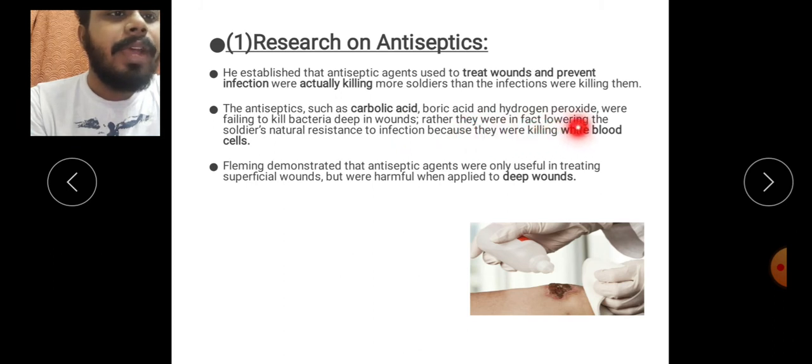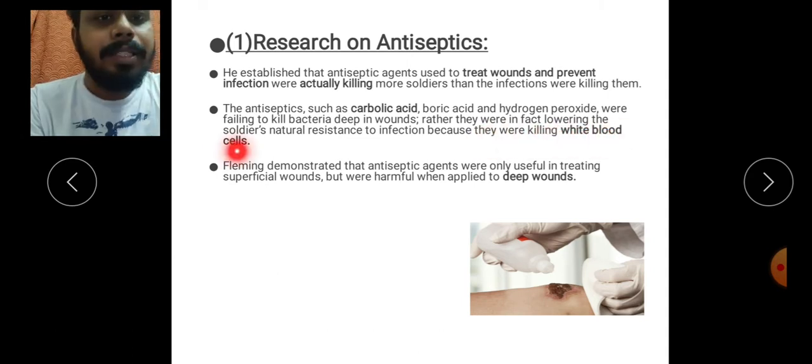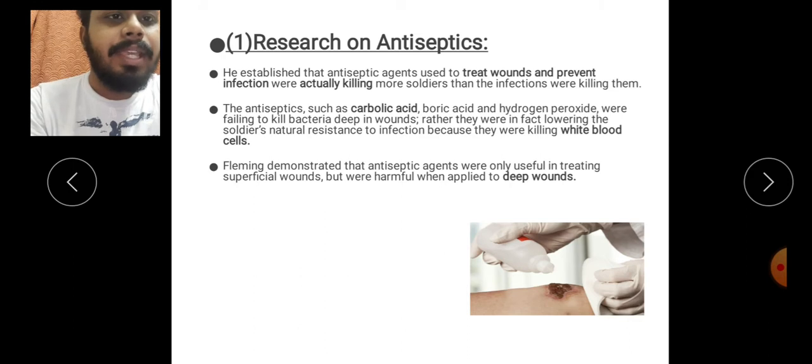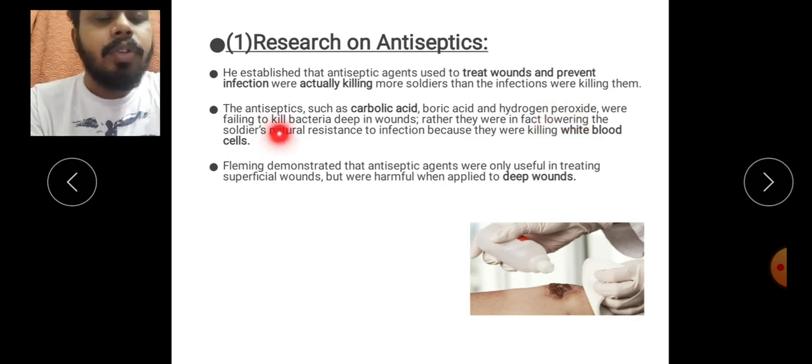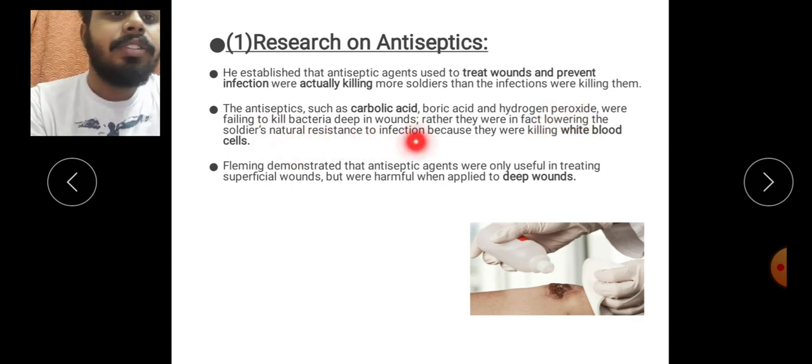Rather, they were in fact lowering the soldiers' or patients' natural resistance to infections, because these antiseptic agents killed the white blood cells, which are the body's natural resistance power to fight against infections. As a result, it lowered the patients' natural resistance to infections.